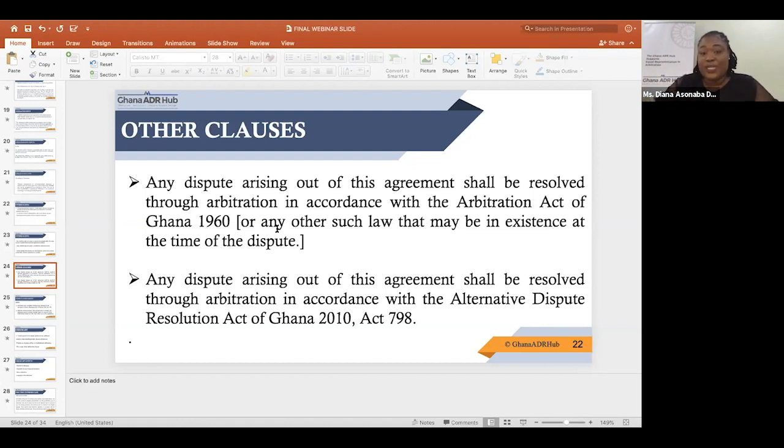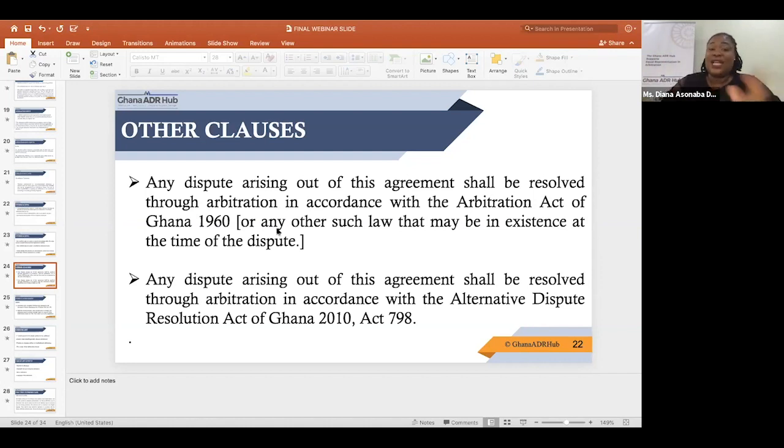Just to announce to all of you, particularly in Ghana here, that the Arbitration Act has been repealed by the Alternative Dispute Resolution Act. Of course, every court may interpret this to mean that the ADR Act now will apply, but in drafting, all those who have agreements still stating that the Arbitration Act, Act 38, will be applicable should note it has now been repealed, and the existing law now is the Alternative Dispute Resolution Act 2010, Act 798.